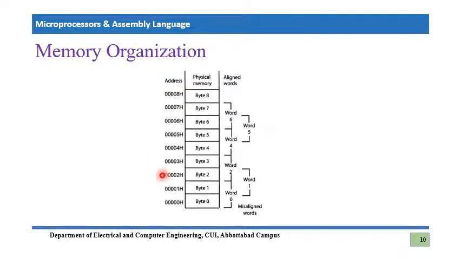Let me highlight it for you. This is an address part. This one is your actual physical memory, which means the original information stored inside this memory.